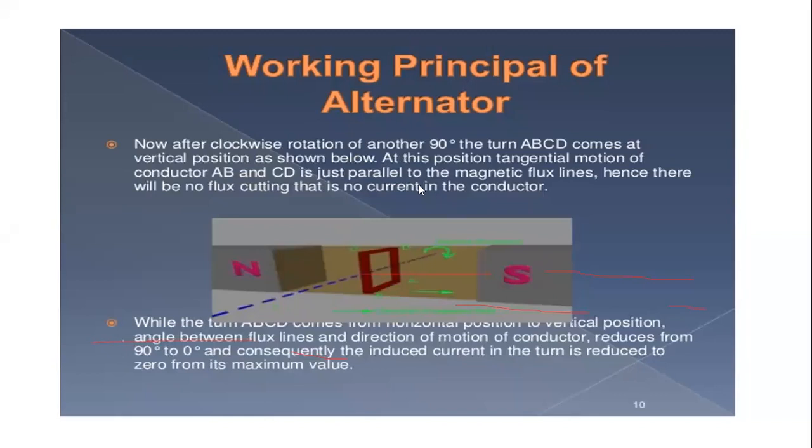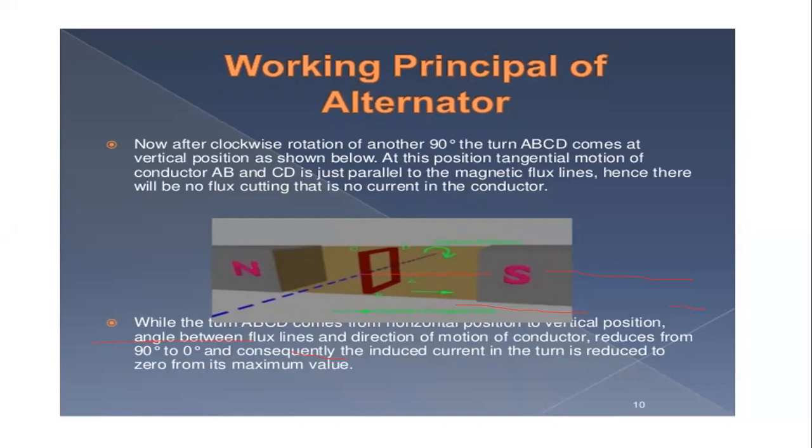After the clockwise rotation of another 90 degrees, the turn A, B, C, D comes to a vertical position.